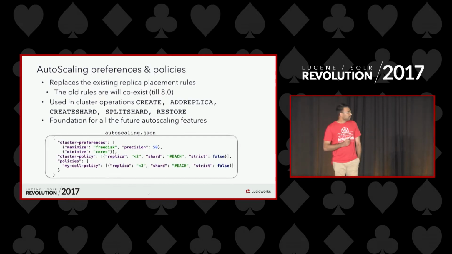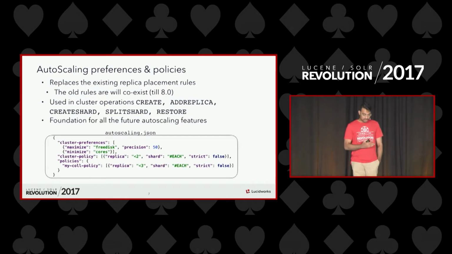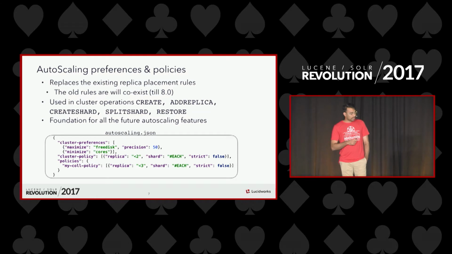Then the next big direction for Solr has been: how do you manage large clusters automatically? This lays the ground for new features which are coming up in subsequent releases.